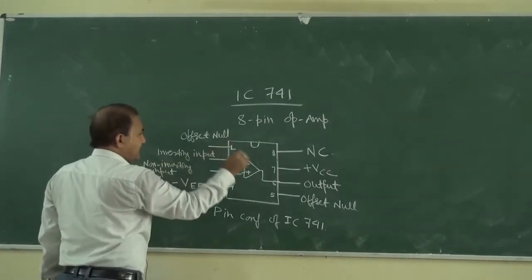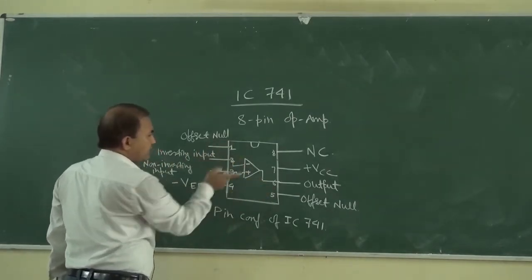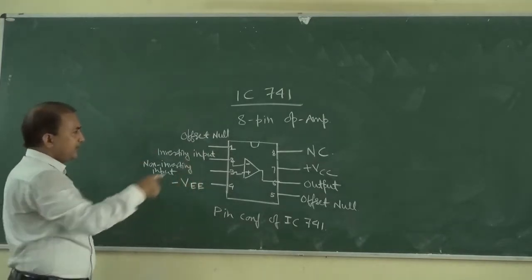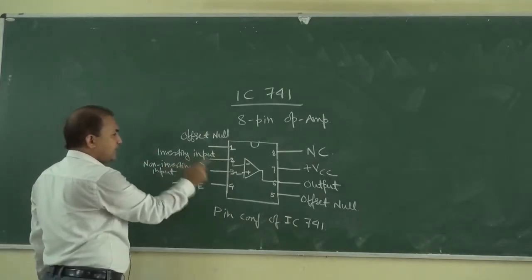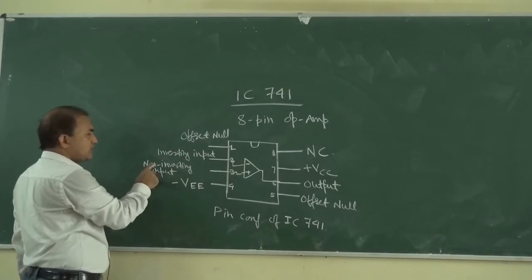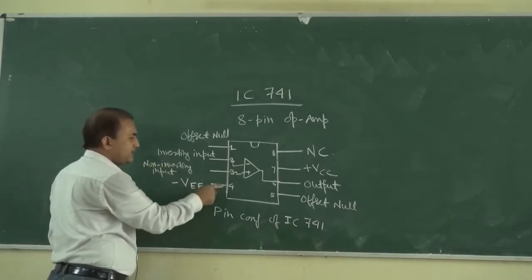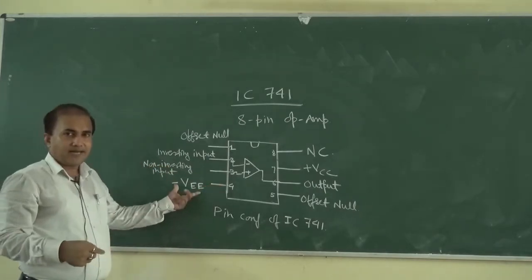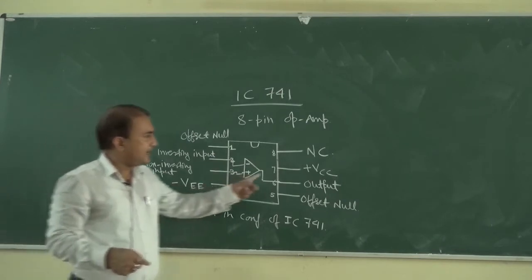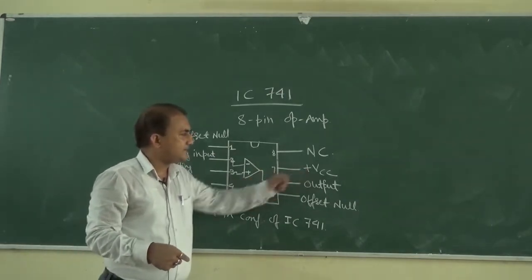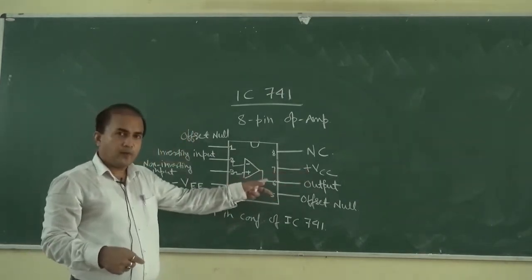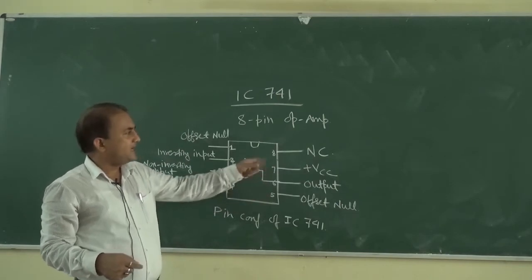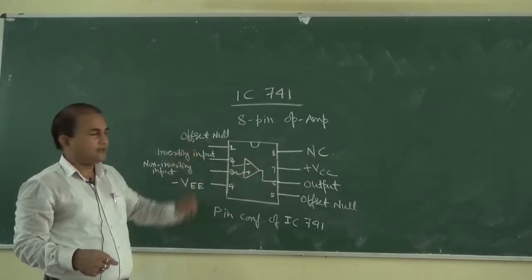So pin number 1 and pin number 5 are used for offset null, and pin number 2 is the inverting input. Pin number 3 is used for non-inverting input. Pin number 4, here minus VEE is applied, and pin number 7, plus VCC is applied. We can take output from pin number 6, and pin number 8 is not connected.